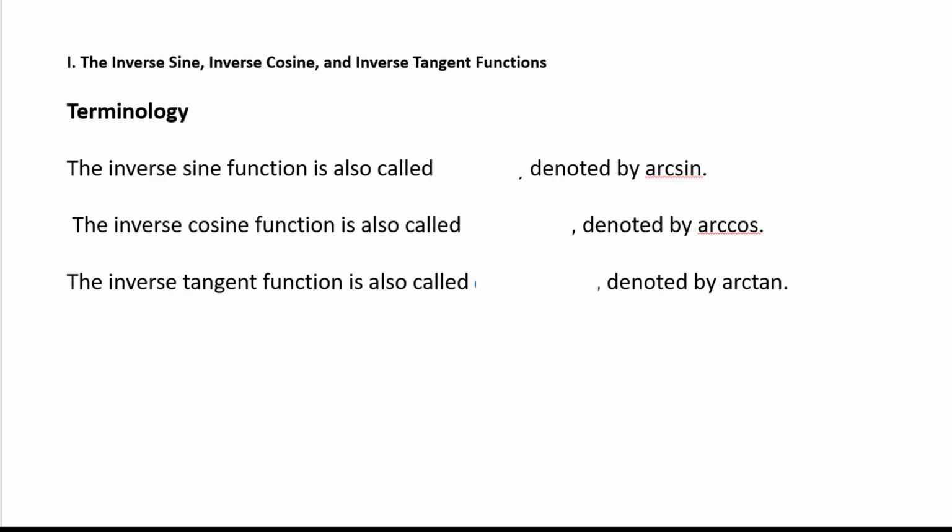Terminology. The inverse sine function is also called arcsine, denoted by arc sine. The inverse cosine function is also called arc cosine, denoted by arc cos. The inverse tangent function is also called arc tangent, denoted by arc tan.